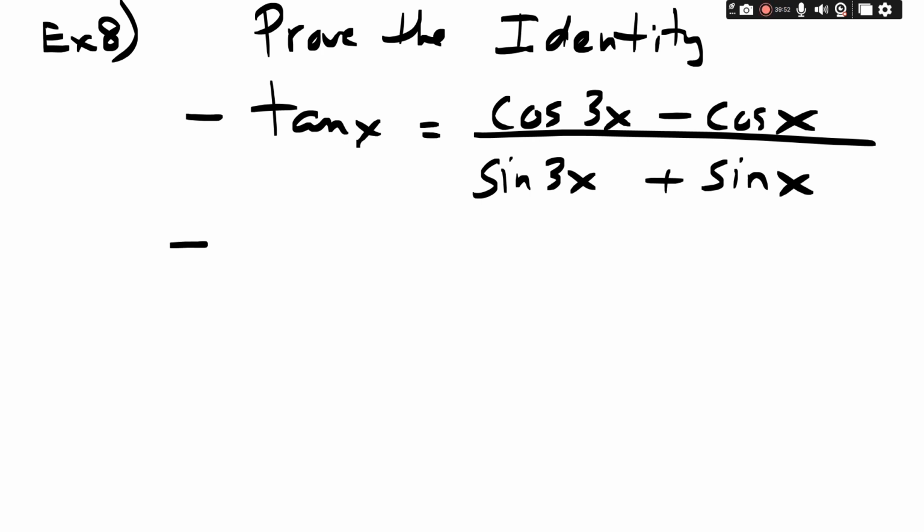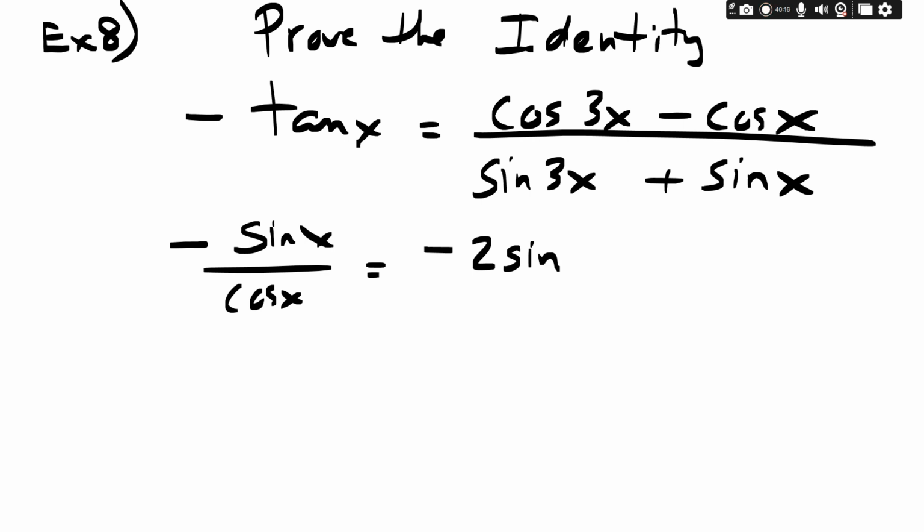All right, that was about 30 seconds or so. So I got a negative. Tangent is just sine over cosine. I think we just did this formula. Cosine minus another cosine, right? It's negative 2 sine of adding these guys together divided by 2.